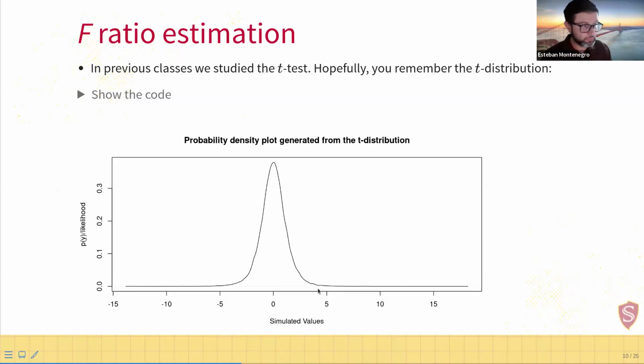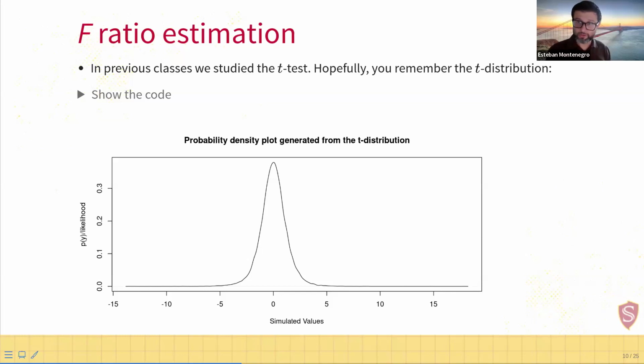The mean could be more skewed, so it could be around 5. It depends on how you simulate this plot. This is the distribution that will help us to find the p-value. So this is the distribution for our null model.